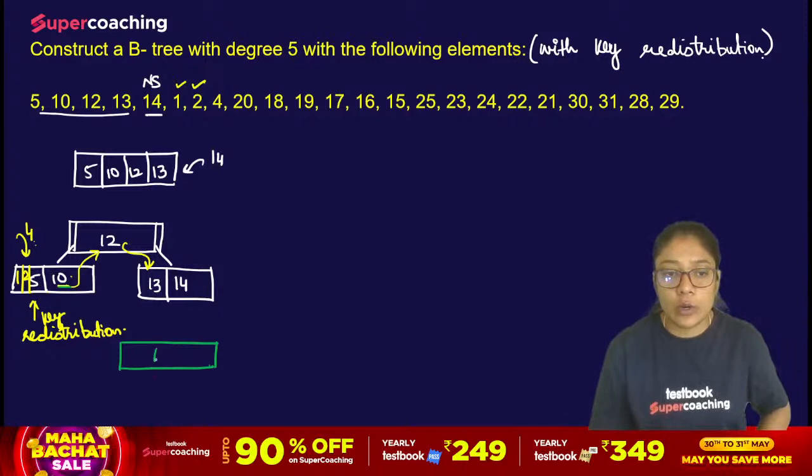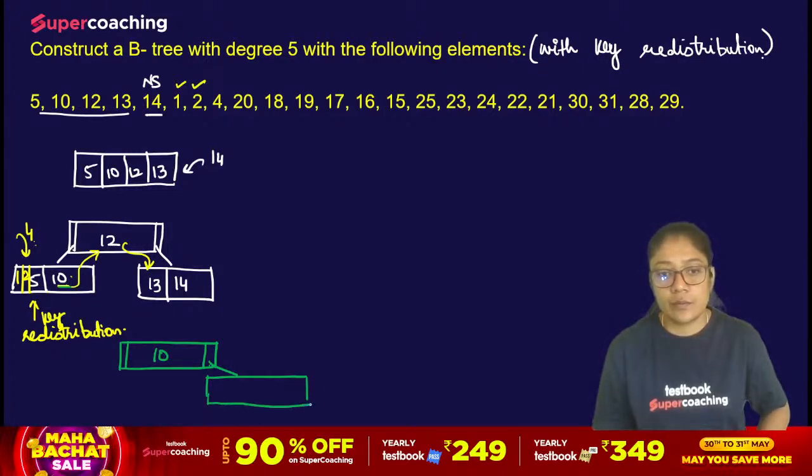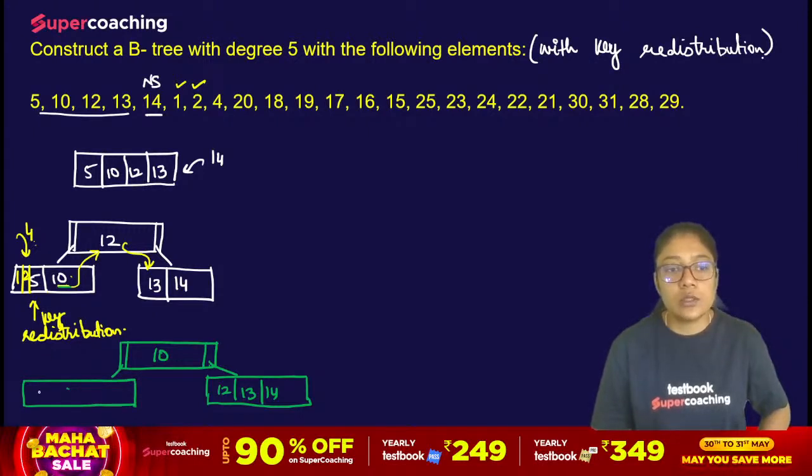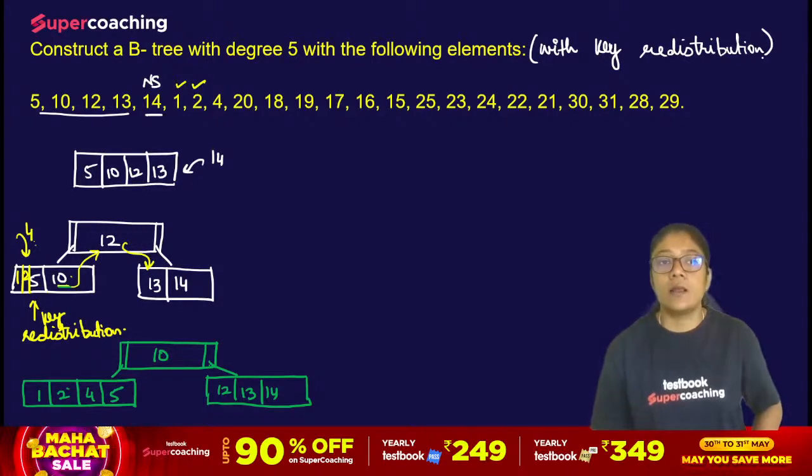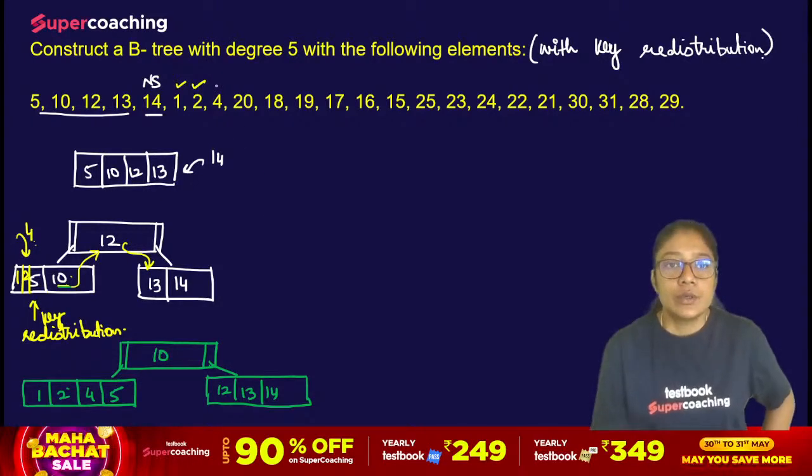So 10 is going to the root level, and here we are having the elements 12, 13 and 14. So there was no need of going for the node splitting. So here we got the elements 1, 2, 4, 5. Correct? So no node splitting took place for 4.